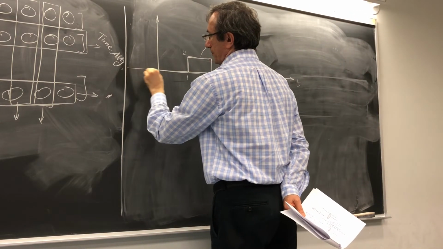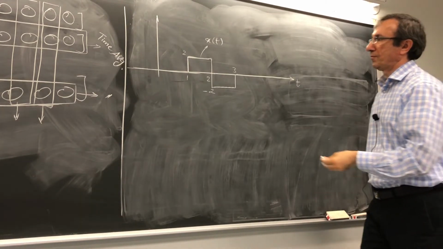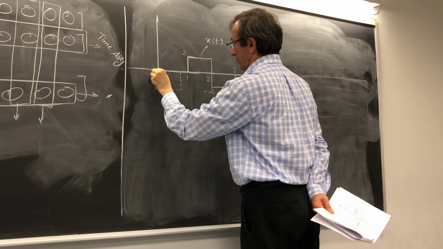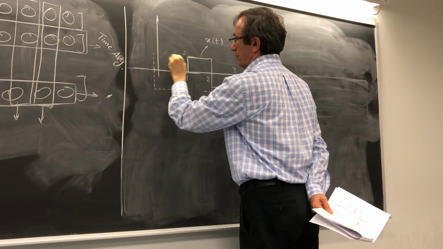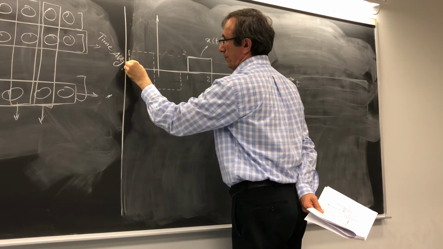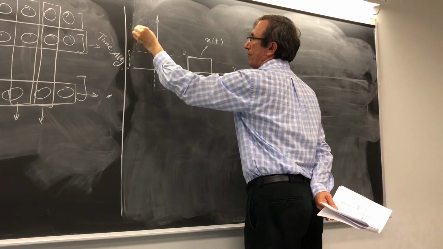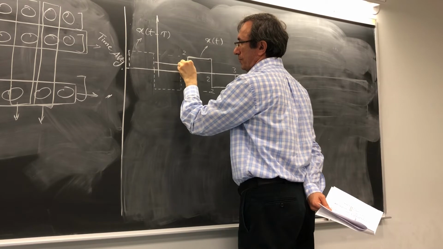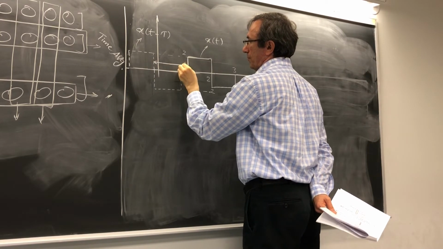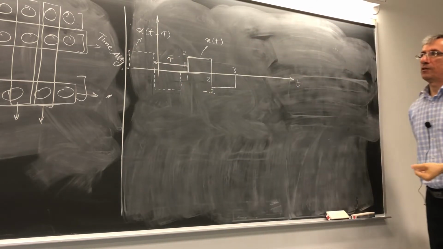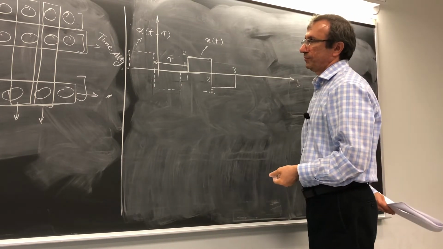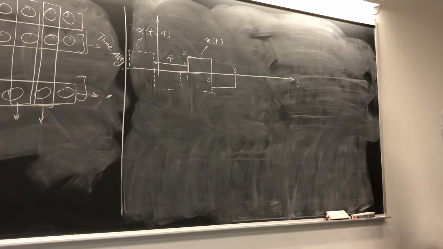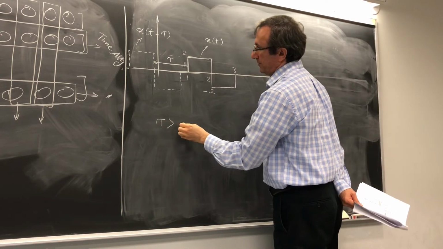Periodic. In order for the two versions of the signal to be non-overlapping, tau would need to be greater than 2.